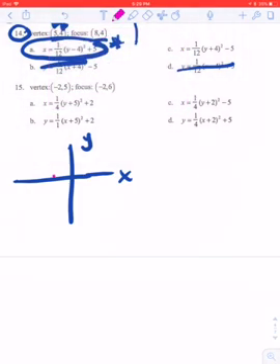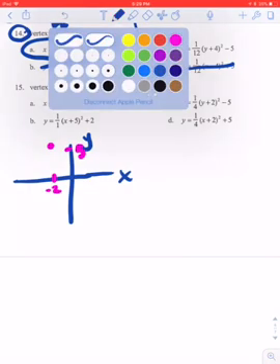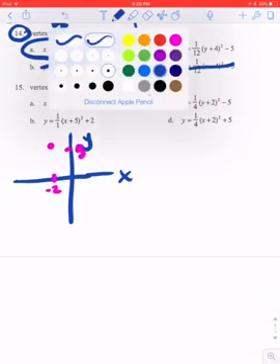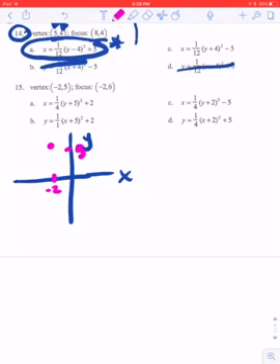So my vertex, if I go over -2 and I go up 5, that's my vertex. Okay, now, if I look at my focus, it goes over -2 and up 6, so it's up here.